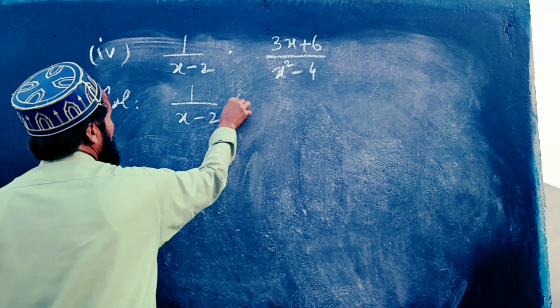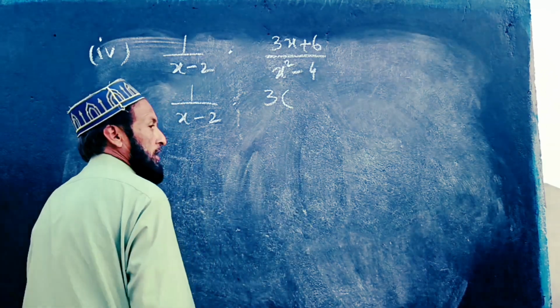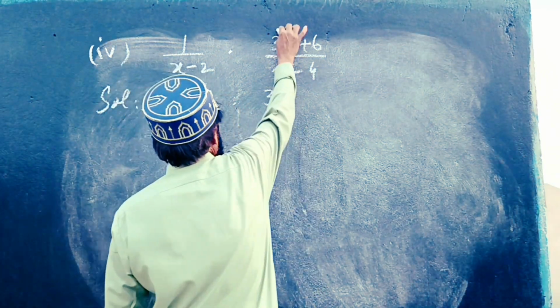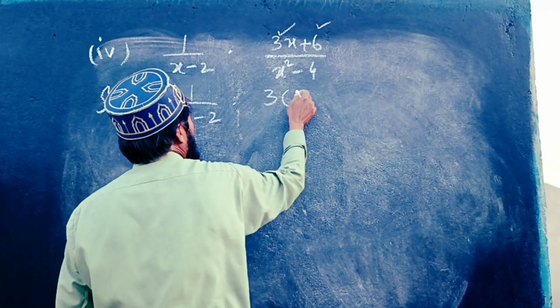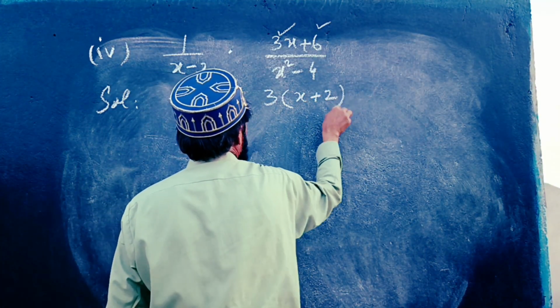So if we try to solve, 1 by x minus 2, and here 3 is common, taking it common in the numerator. Both 3 and 6 are divisible by 3, so we can write 3 into x plus 2.